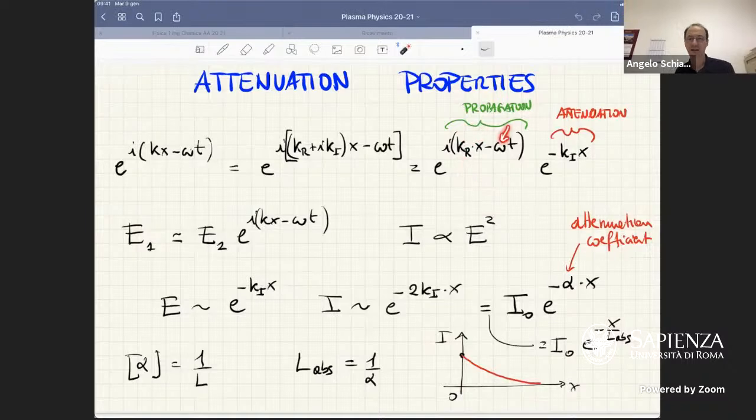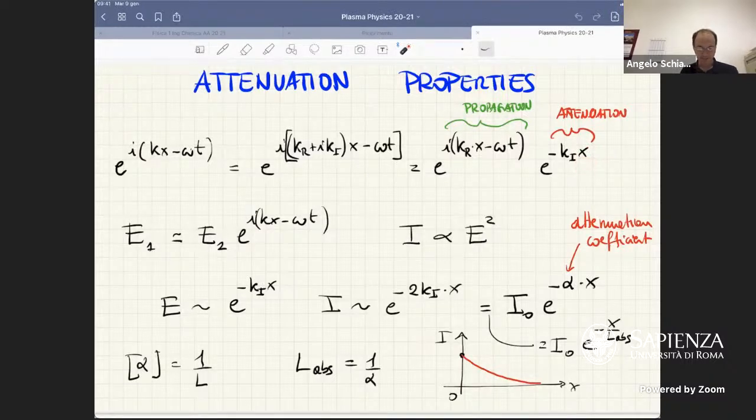Omega is the corresponding angular frequency of the wave that satisfies the propagation relation. And then we had a term which is, in this case, if Ki is positive, an exponential decaying function as a function of the propagation coordinate x.